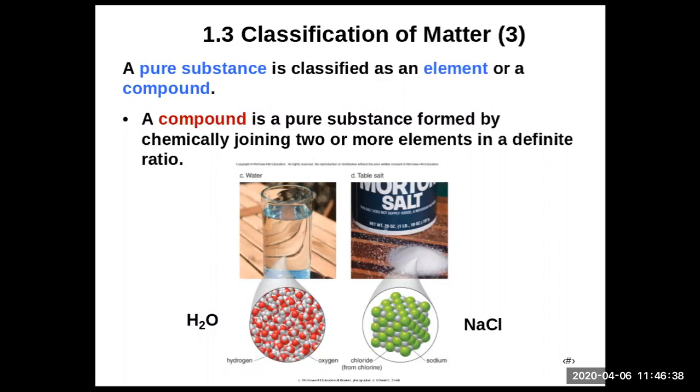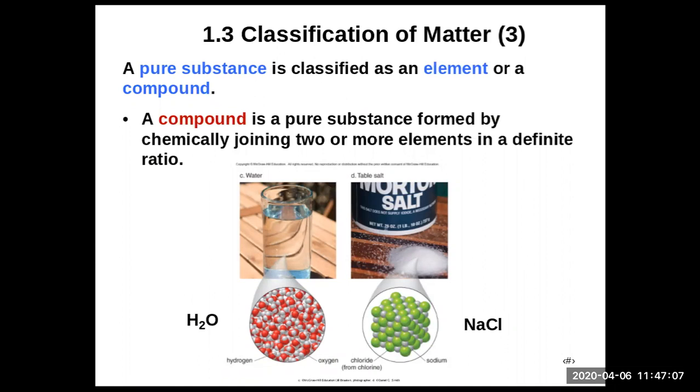It's made of one oxygen atom and two hydrogen atoms bonded together. So the formula is H2O. And when you have pure water, that's the only molecule you have in there. It's H2O all over the place. So that's a compound made of at least two elements bonded together in the same ratio.